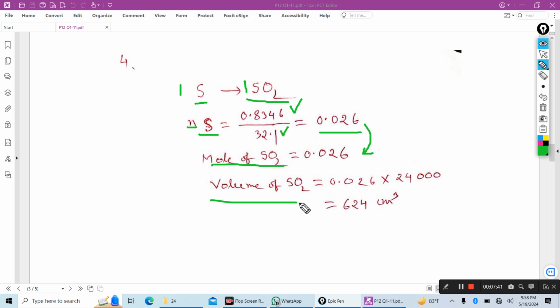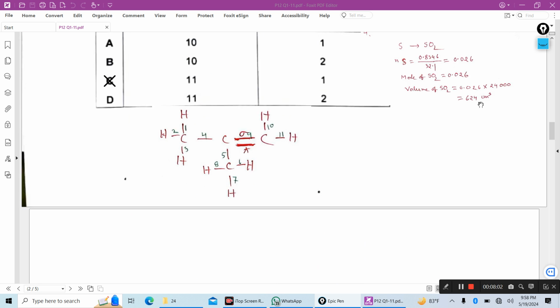Now volume of sulfur dioxide is number of moles times molar volume. Molar volume is 24 dm cube or 24,000 centimeter cube. So you will get 624 centimeter cube as the answer. This is the D answer, you see.